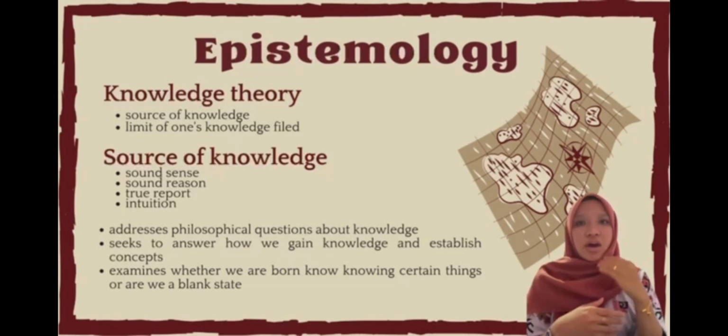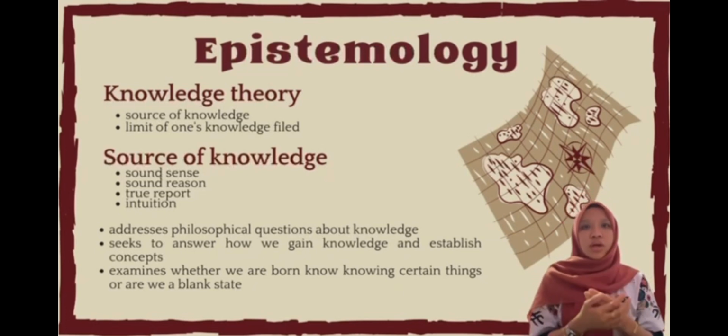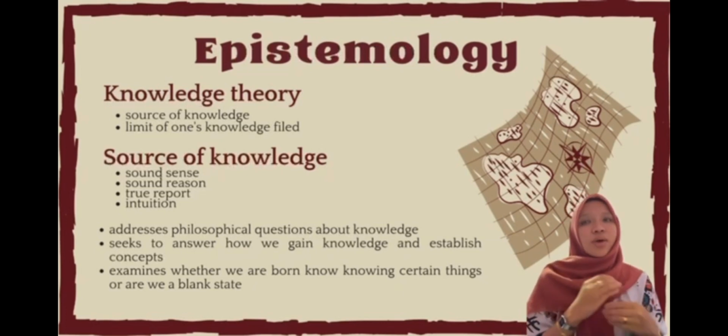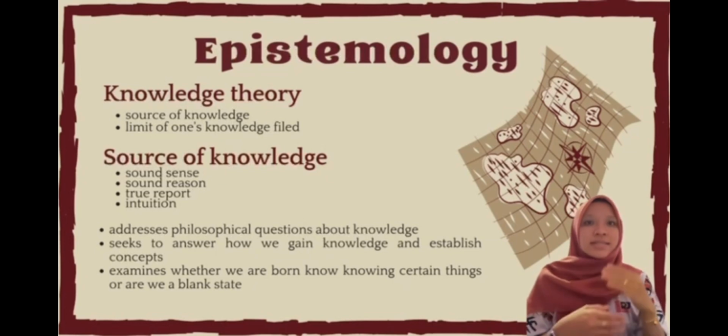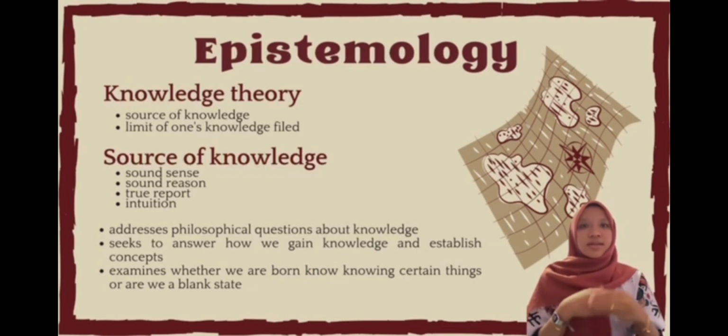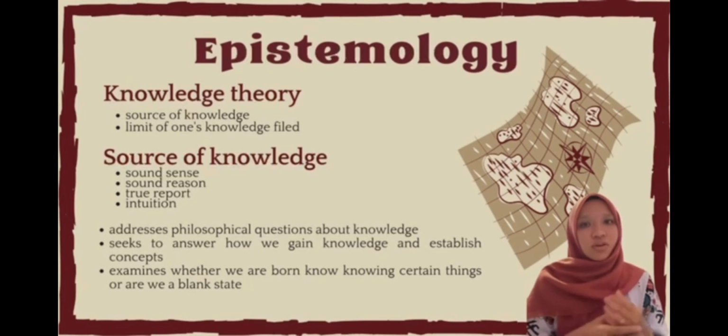In short, the question of epistemology is how do we know? Do we decide what is true, or is the truth there regardless of whether we accept it or not? Epistemology examines whether we are born knowing certain things, or are we a blank slate, the tabula rasa, according to the philosopher John Locke, and progressively gain knowledge.